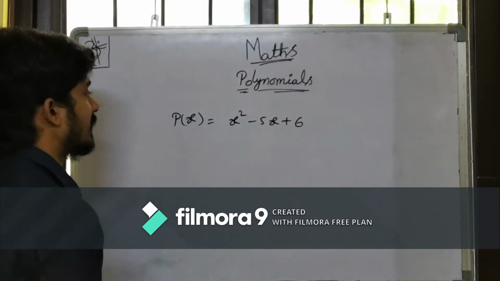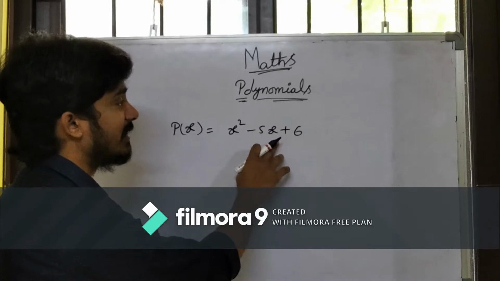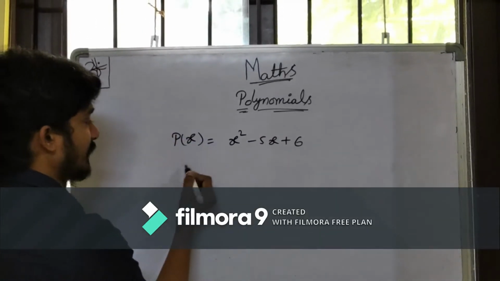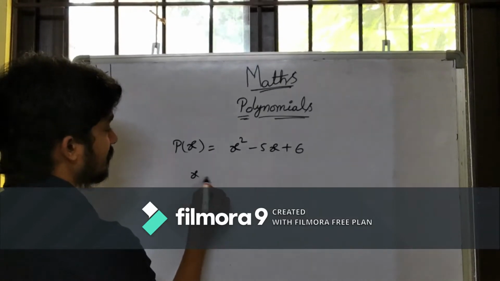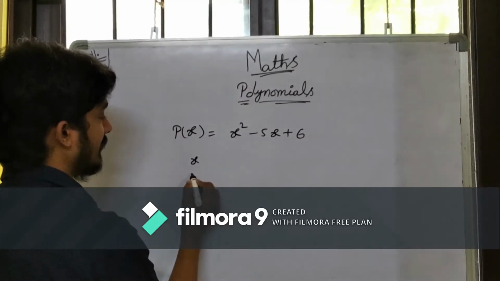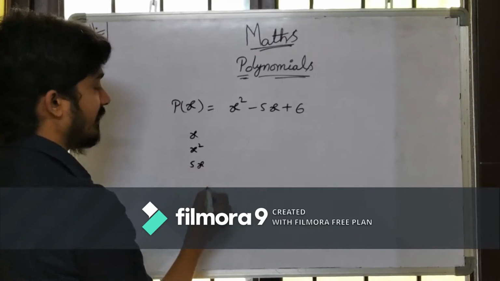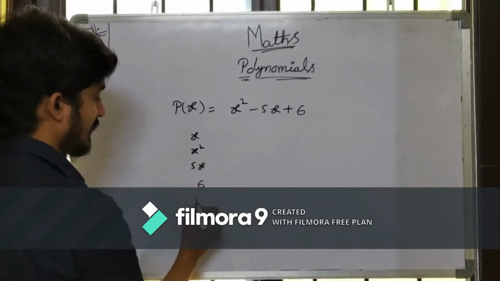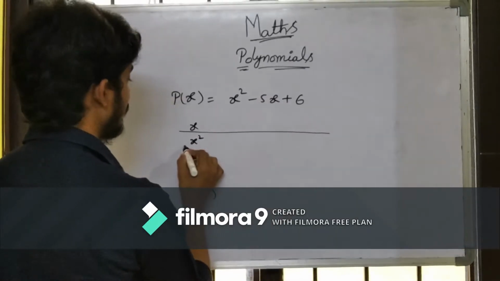Now, the graphical representation of the polynomial p of x equals x square minus 5x plus 6. Consider the x value. Next one is x square, next is 5 into x, next is 6, and next is p of x.